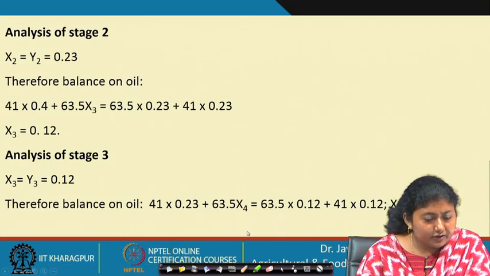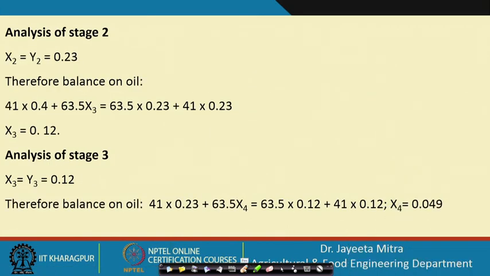Similarly, in stage 2, where we have taken x2 equal to x3, and that is 0.23, this 41 into 0.4 plus this 63.5 into x3 will be equal to 63.5 into 0.23 plus 41 into 0.23.